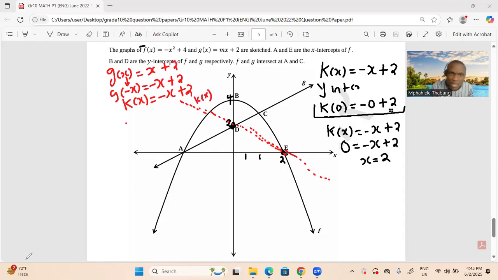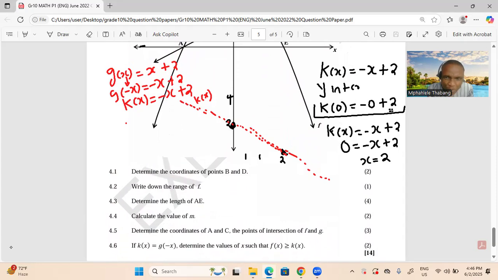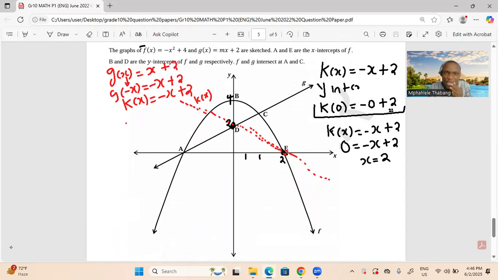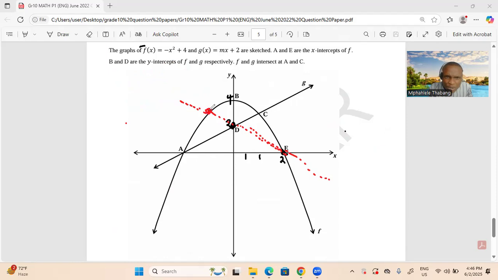So what does the question want? The question says, determine the values of x where f is on top of k. Let us look at it. f is on top of k, which means that this is the function k.